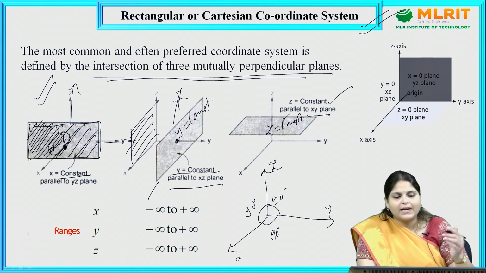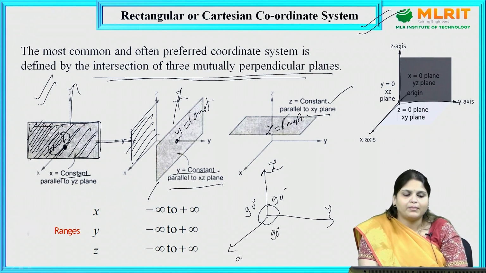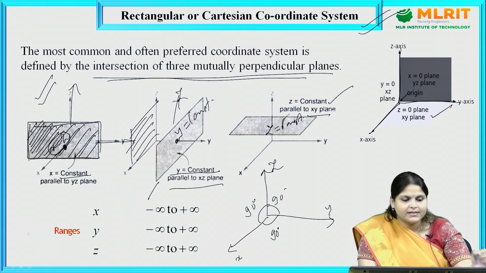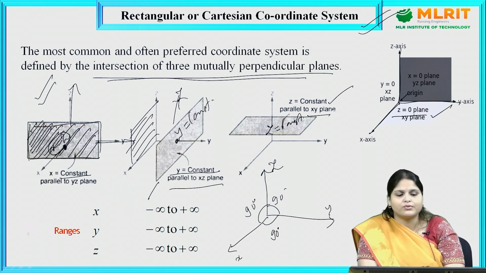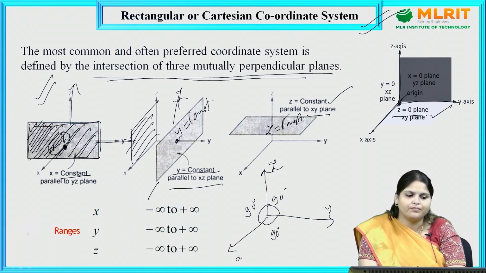So if you combinedly draw it, you can clearly see in this diagram we have three axes and we have three planes. So this is your z constant plane, or this is written as z equals 0 plane because it is here at 0: x equals 0, y equals 0, z equals 0.